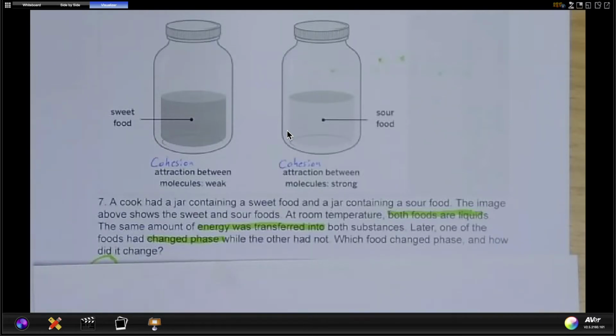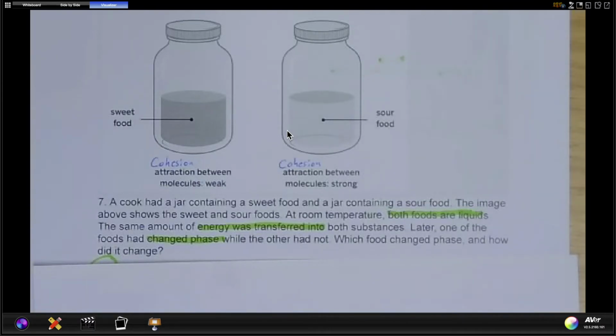If we add energy, there's only one way you're going to change phase, and that is you're going to go from a liquid to a gas. You're not going to change phase into a solid when you're adding energy. The other thing we know is only one did that. So we need to think about which one of these is easier to make change phase. And we saw this when we did our alcohol and water demonstration.